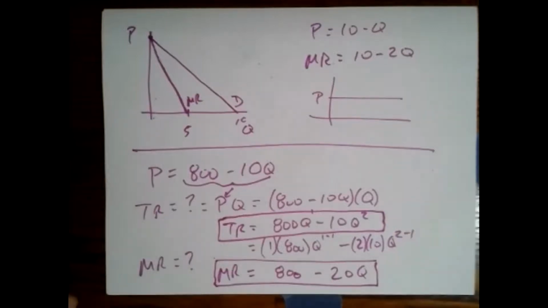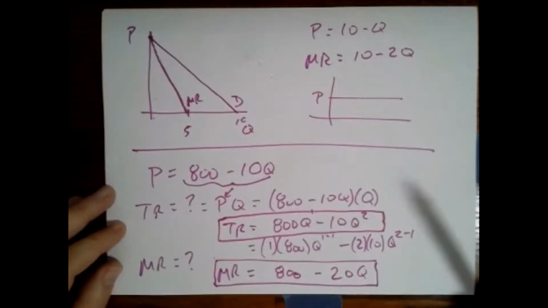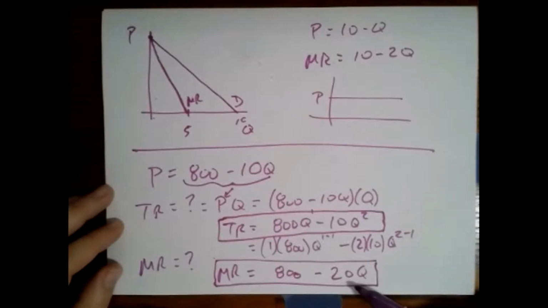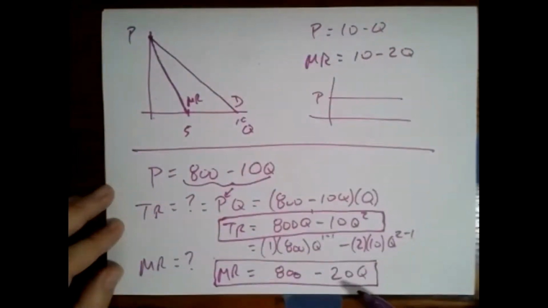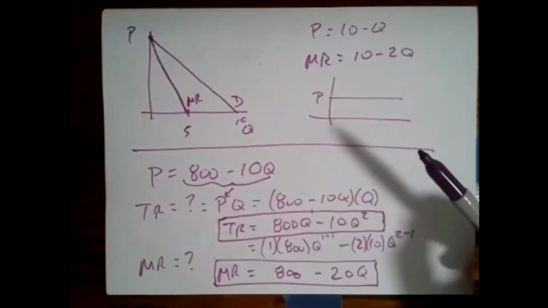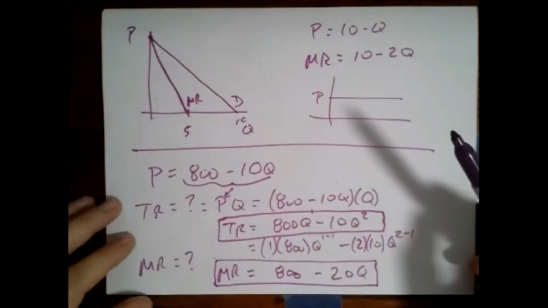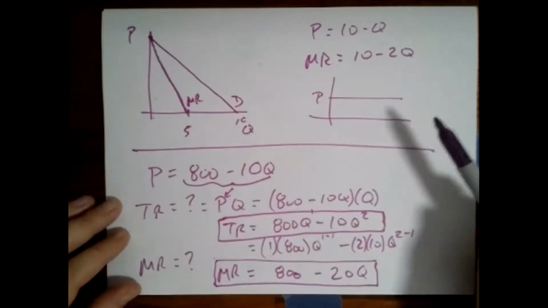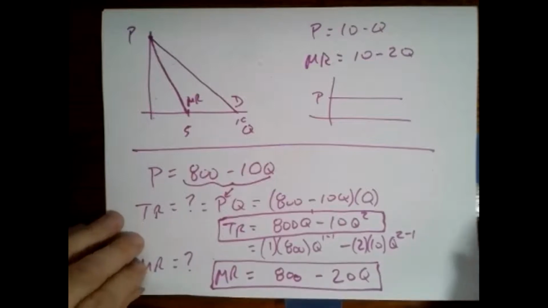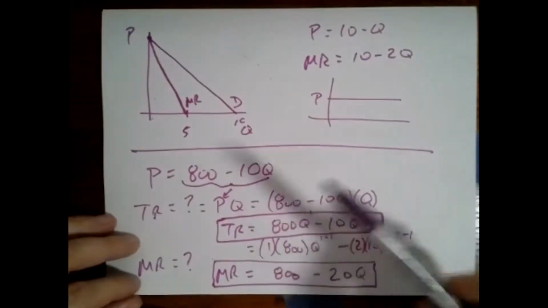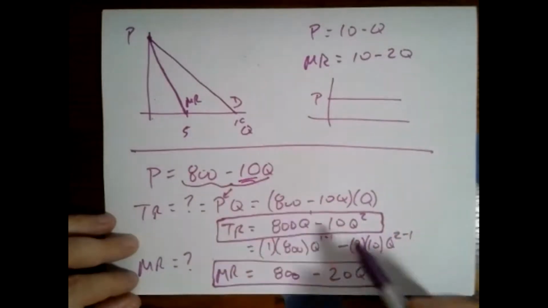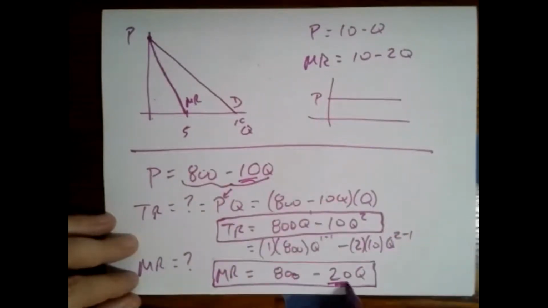All right. So the simple rule to remember is that the slope of the marginal revenue curve is going to be twice the slope of the price. Okay. So here the slope of the price was -10, and here the slope is -20.